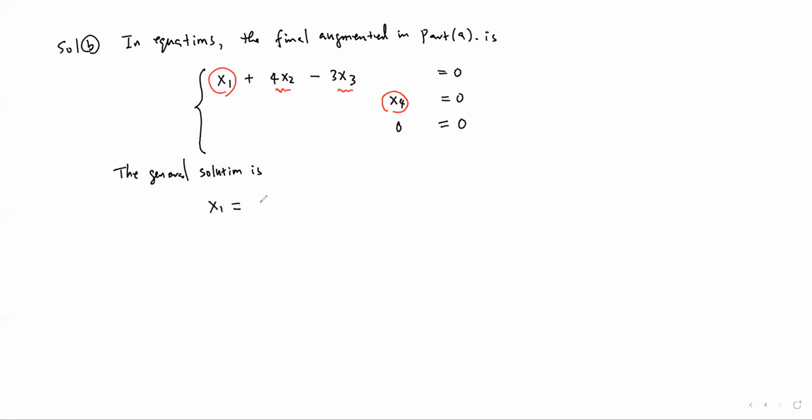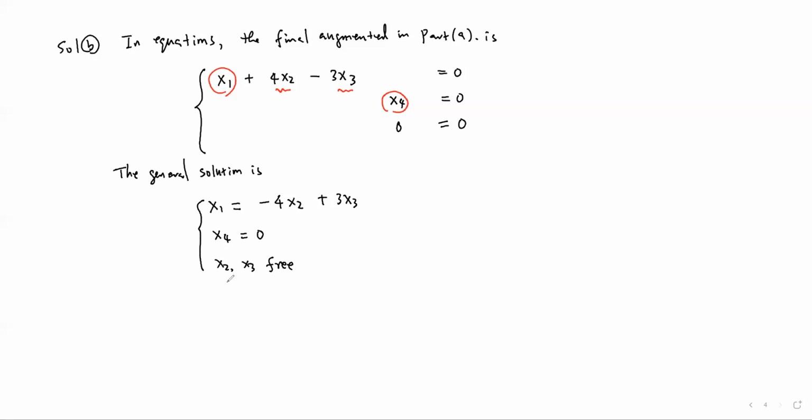From the first equation, I get this equation. Second equation, the equation is always true. x2, x3 arbitrary. This is all the solutions of the linear system.